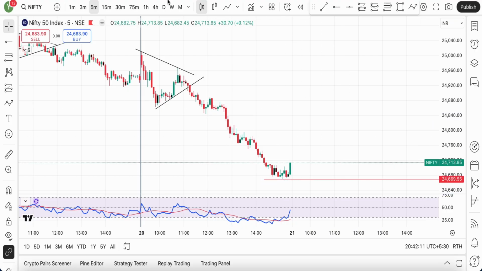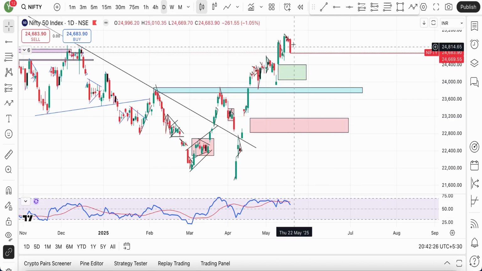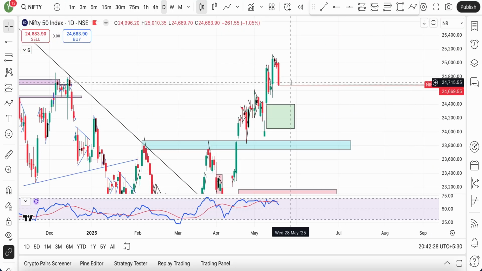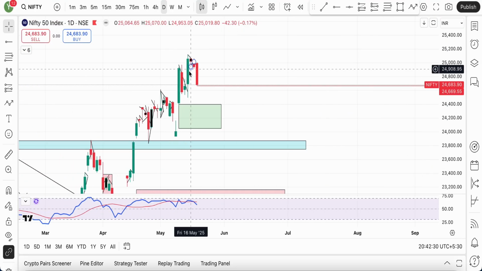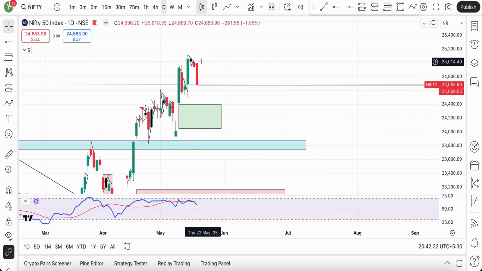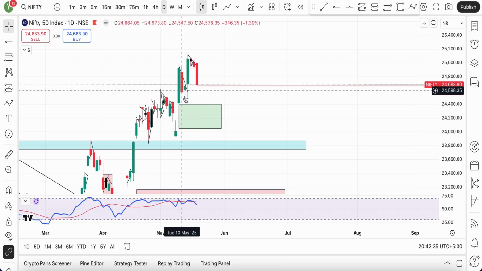Now try to understand the psyche of traders. The moves which come in the market are nothing but a mix of the greed and the fear of different traders which are there. And the outcome is the price action which forms on the charts, right? Now, this particular big red candle shows some good bearishness on the daily time frame.